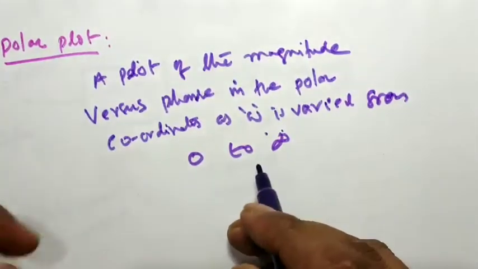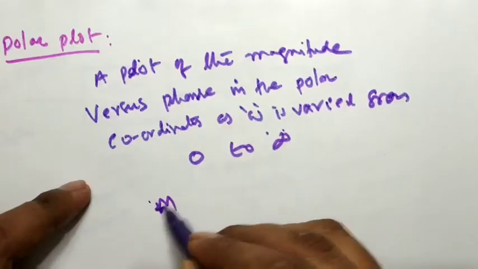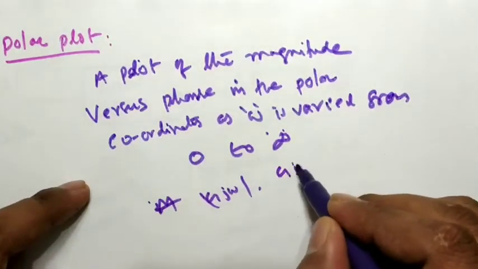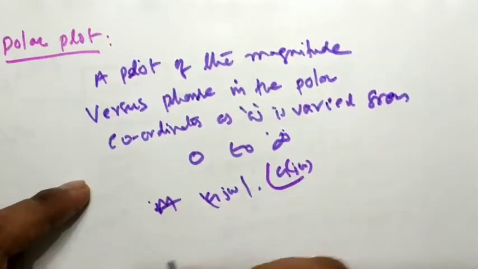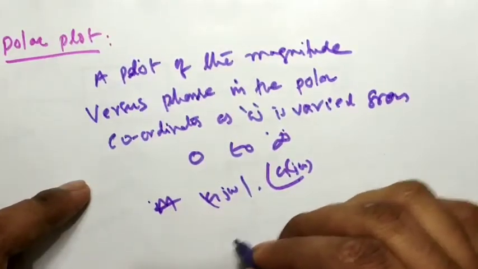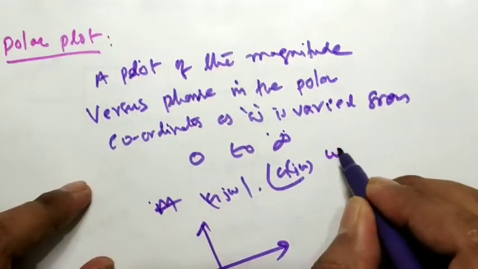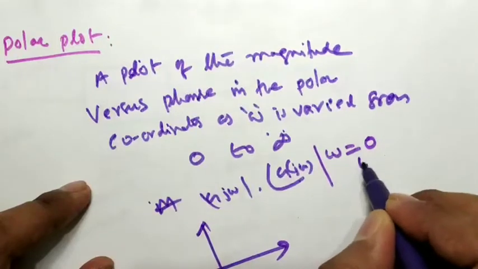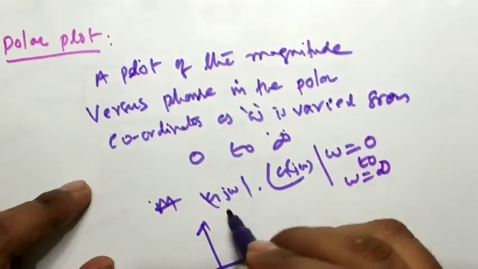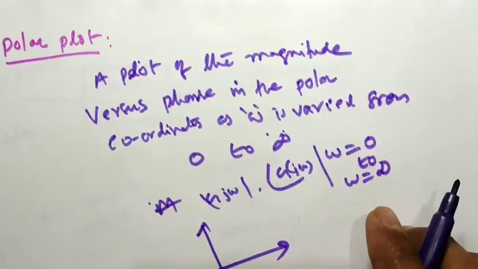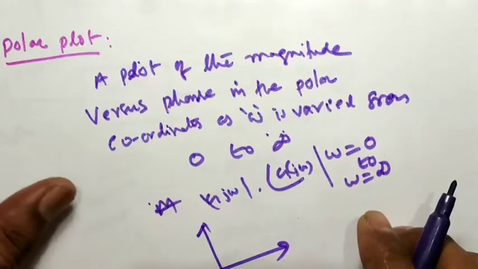You find the magnitude of G(j omega) and the phase angle of G(j omega) and draw them in polar coordinates, so you can determine the stability of the system.